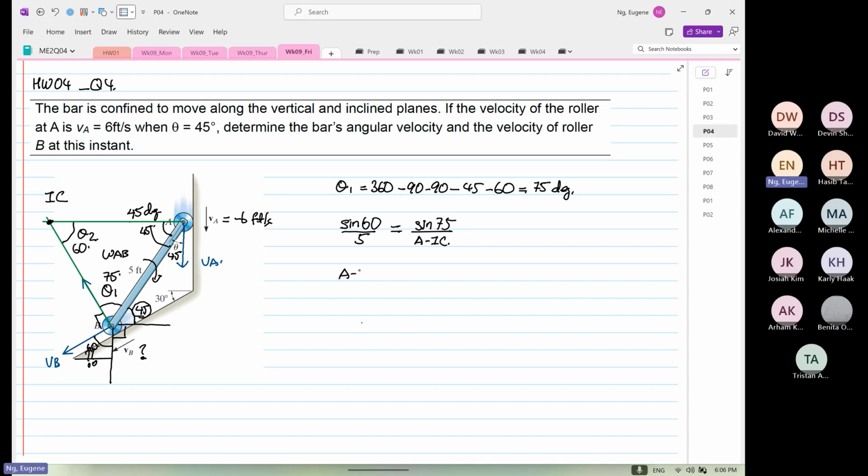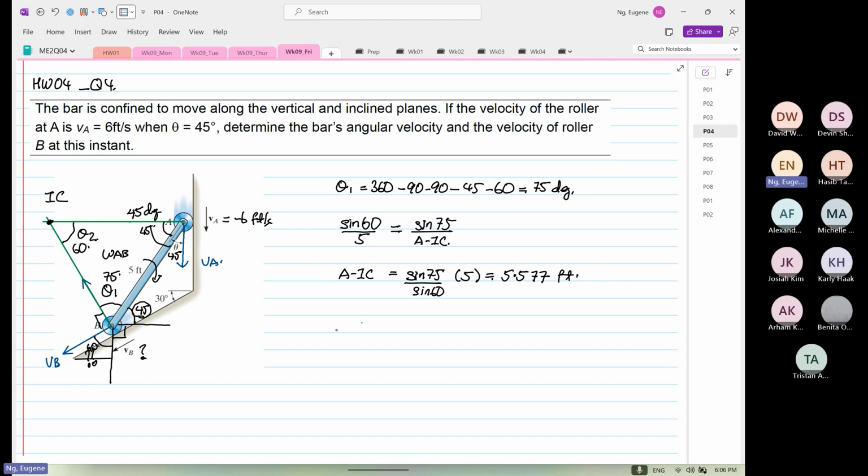So AIC is equal to sine 75 divided by sine 60 multiplied by 5. Sine 75 divided by sine 60 times 5 is equal to 5.577 feet.